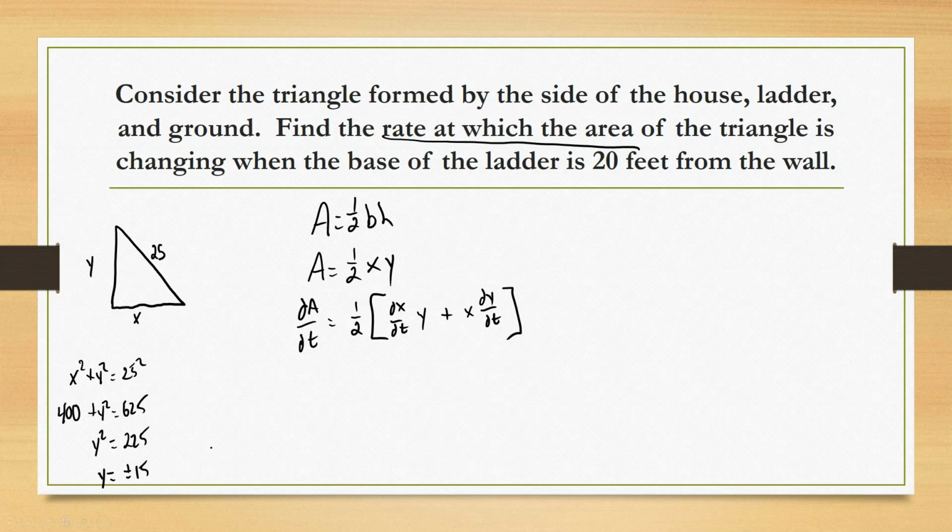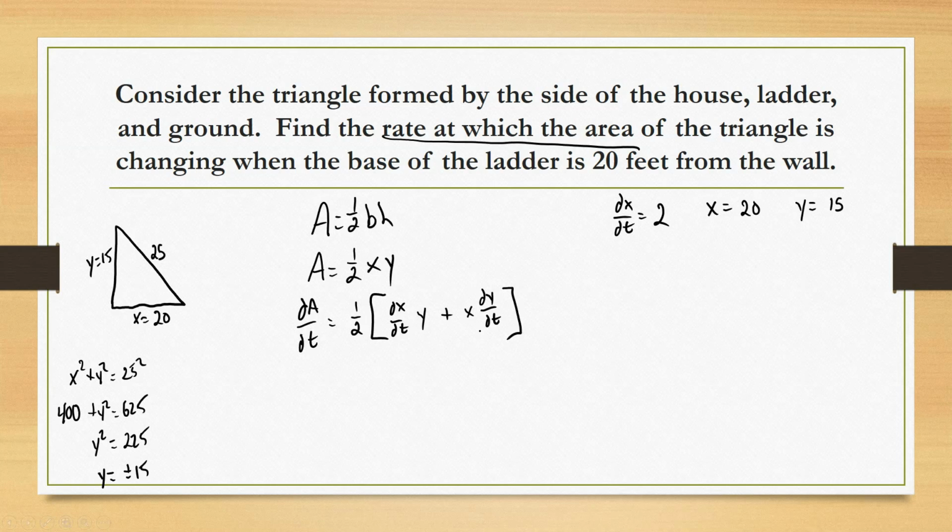So here's what we have to do to figure out dA/dt. We need to know dx/dt, we need to know y, we need to know x, we need to know dy/dt. For sure we know dx/dt, we're given it as 2. We know x equals 20 in this problem. We were also given, because of the Pythagorean theorem, that y equals 15.